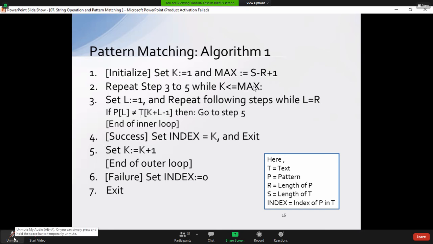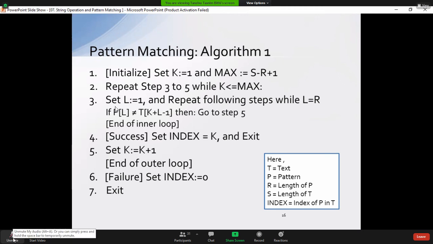K less than or equals to maximum. So we'll start from K equals to 1, and the last value of K will be 5. How many times we will repeat these loops, I mean steps from 3 to 5? 5 times.